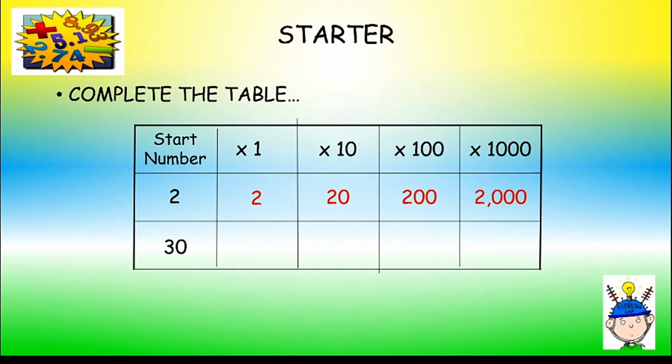Now let's proceed to our bigger number, 30. Now 30 times 1, we will multiply only 3 and 1, then bring down or copy the 0. 3 times 1 equals 3, and copy the 0. The answer is 30.